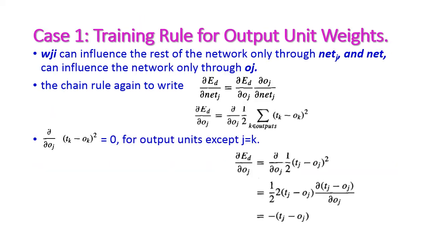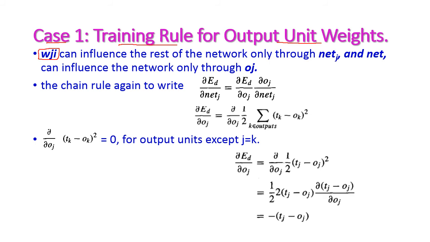And now let us see the two different training rules. Case 1 is the training rule for output unit weights, and in case 2 we will see the training rule for hidden layer units. First let us compute this for wji, the ith weight in the jth unit.